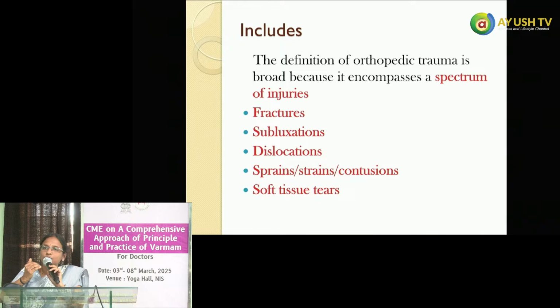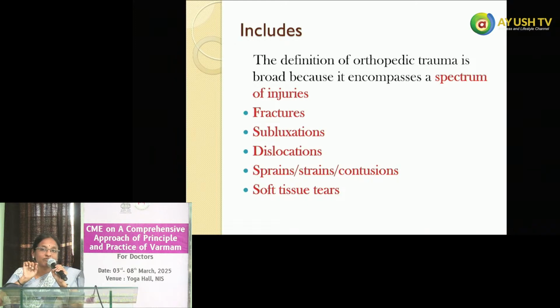When two bones meet, they form a joint. On the articulating surface of the two bones, partial loss of articulation is called subluxation. Complete loss of articulation between the two bones is called dislocation.